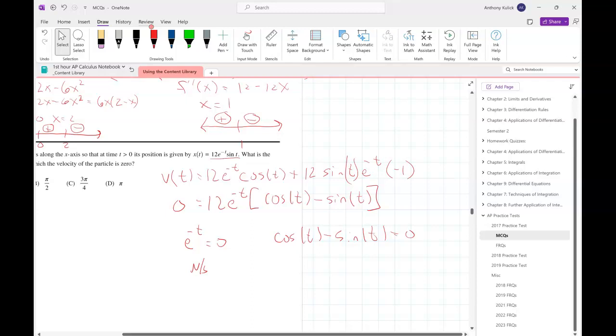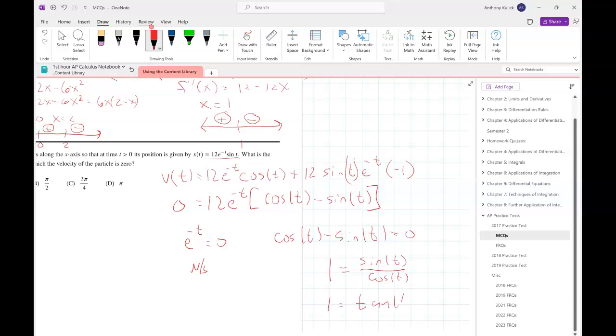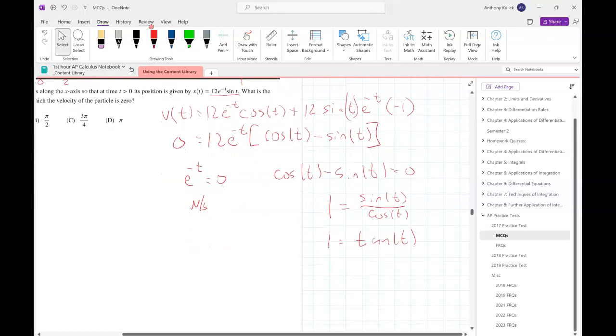So I'm going to add sine to both sides and then divide by cosine. It's going to leave me 1 equals sine over cosine. Hey, what's sine over cosine? That's tangent. And what's the first value on the unit circle where tangent is equal to 1? So it's pi over 4, right?